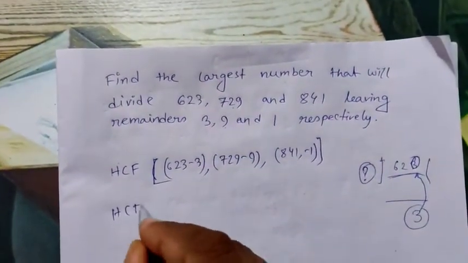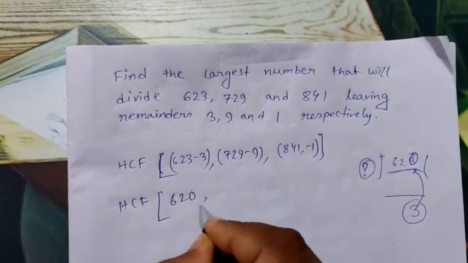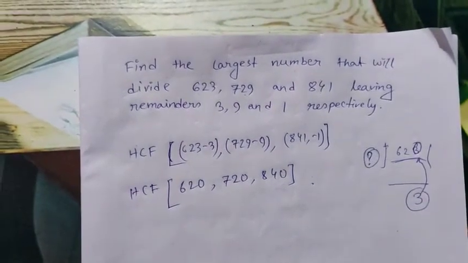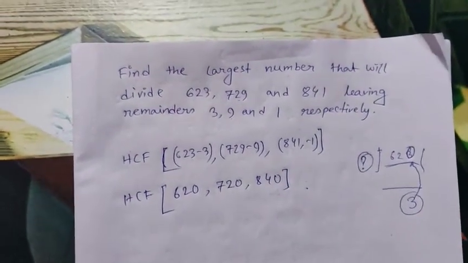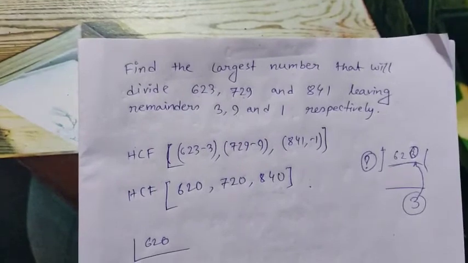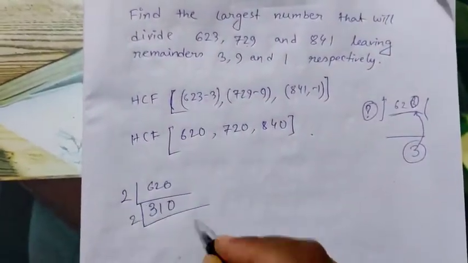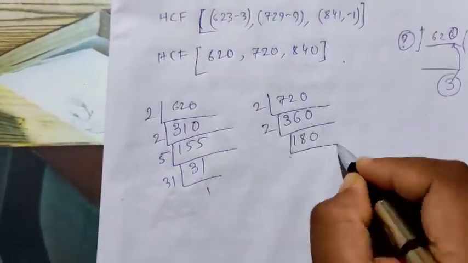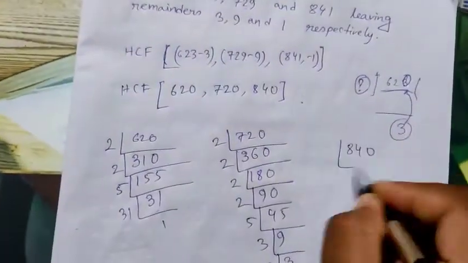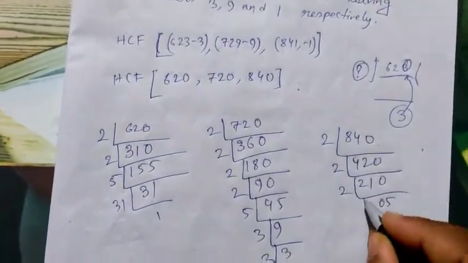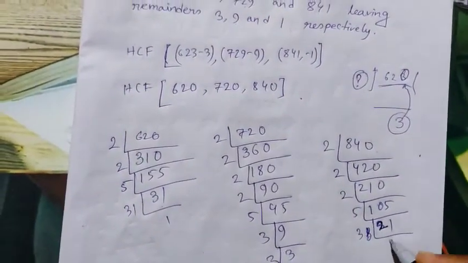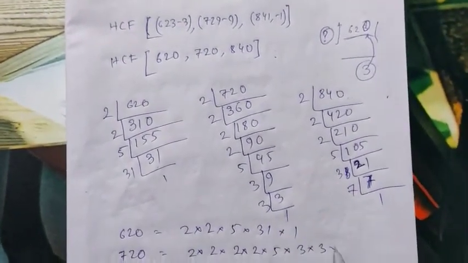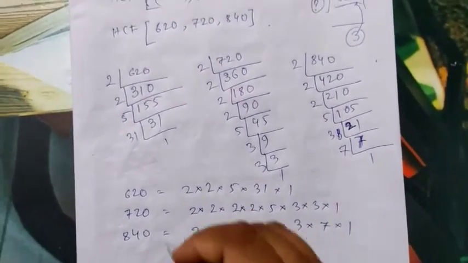So we will be finding the HCF of 620, 720 and 840. Which method will we apply here? Let's apply prime factorization, and let's do the method very quickly. Whatever we are getting, you can see here in the video. After that we will write all the prime factors of 620, 720 and 840 separately. So what are the common factors?